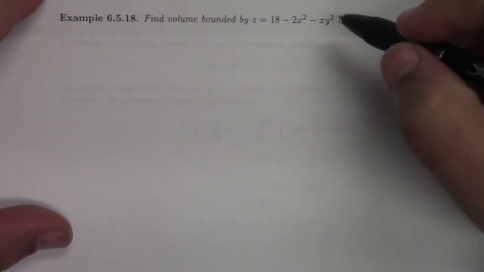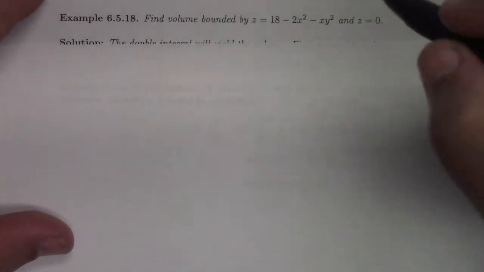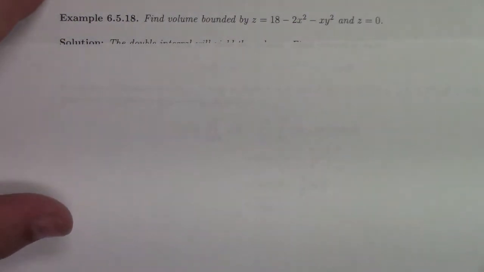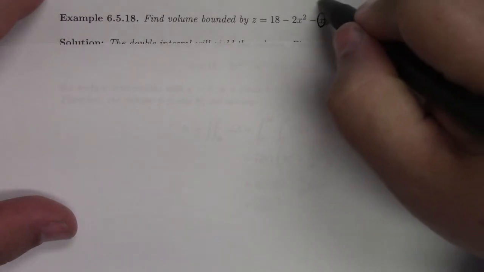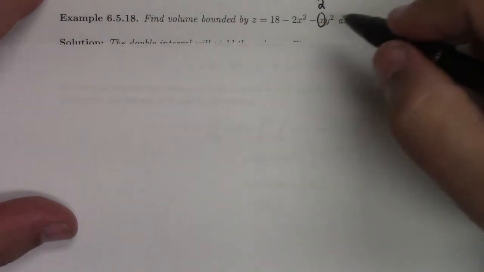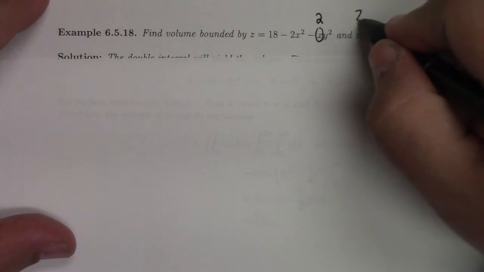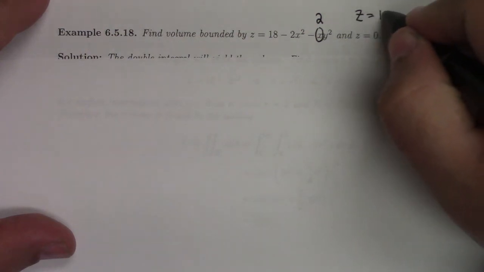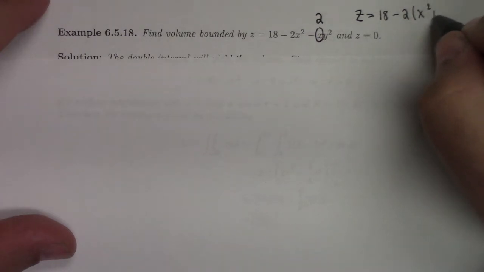Yeah, that's supposed to be that x right there. That got lost in translation from my notes. I think that is a 2. That is definitely a 2, because once you make that a 2, then you can see what you have is z is equal to 18 minus 2 times parentheses x squared plus y squared.